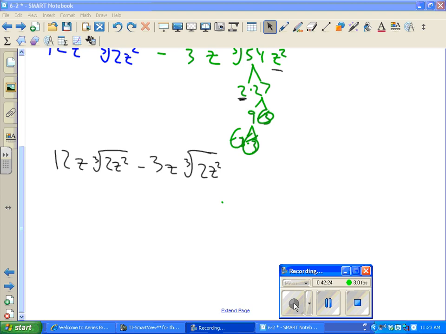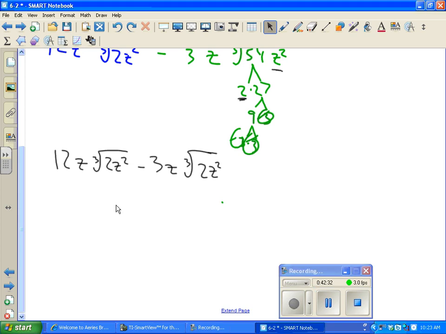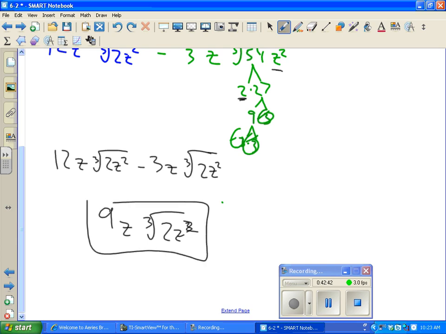All we have to do is combine like terms here. 12 minus 3 is, what do we got? 9. 9z cube root of 2z squared. And that's it. You guys have the rest to do.